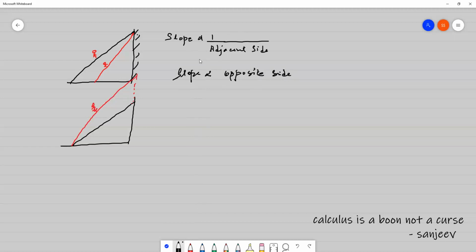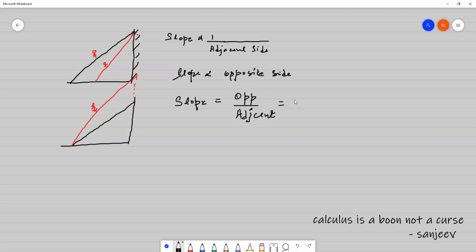So from these two, we understand that we can write that slope is equal to, if there is no other factor involved, I do not write the proportionality sign, I can directly write slope is equal to opposite side by adjacent side. In mathematics, in your high school, you would have studied that opposite side by adjacent side is nothing but tan theta.